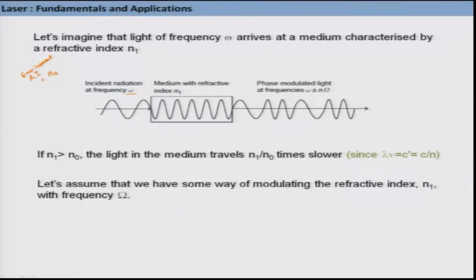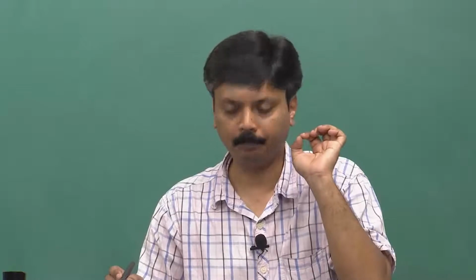If N1 is greater than N0, then the light in the medium will travel slower. How much slower? N1 by N0 times slower. Why? That we already know, knowing the relation between the frequency and velocity of light, and how it is governed by the refractive index. Most of the time we do not include the refractive index in our equation, but to be correct, one must use the refractive index whenever talking about propagation of light through any medium.